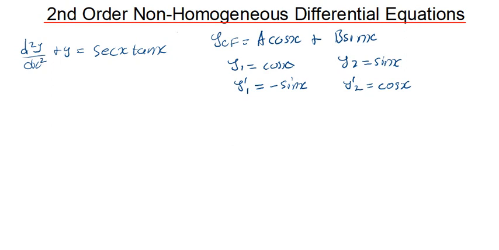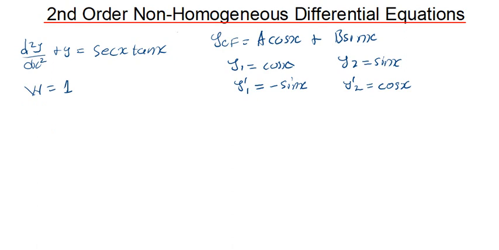Then what follows is that we need to use Wronskians, of course. I'm not even going to waste time doing this, because I already found that this is similar to the previous one. So our Wronskian, we found that it was equal to 1.